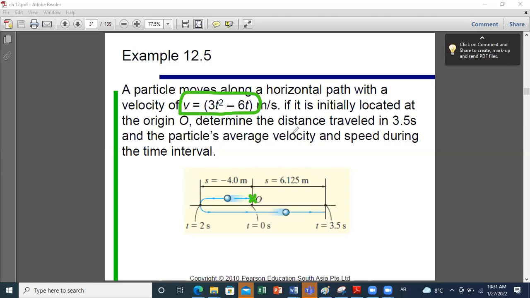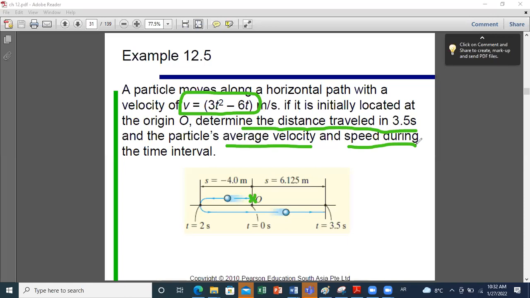Now, the question is to determine the distance traveled by the particle in 3.5 seconds, and then to calculate during this interval the average velocity and the average speed. Whenever you have such problems and they ask for a distance, you cannot calculate the distance before knowing the path of motion, because if you go straight forward, you can say that distance is the absolute value of displacement.